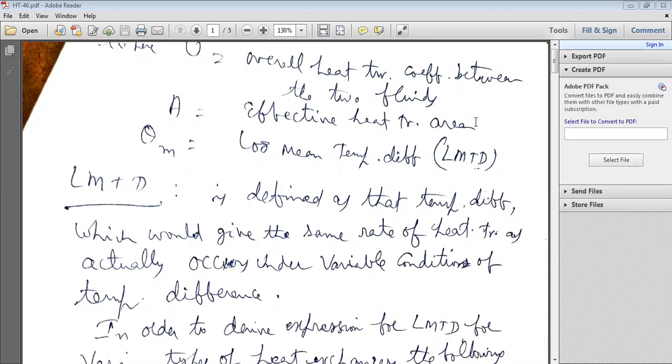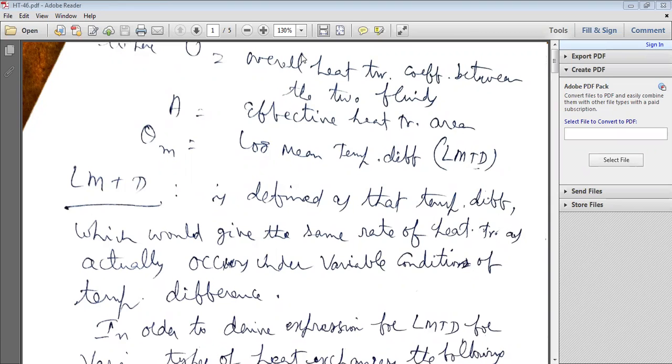So there is the classification like parallel flow heat exchangers, counter flow heat exchangers, and cross flow heat exchangers.